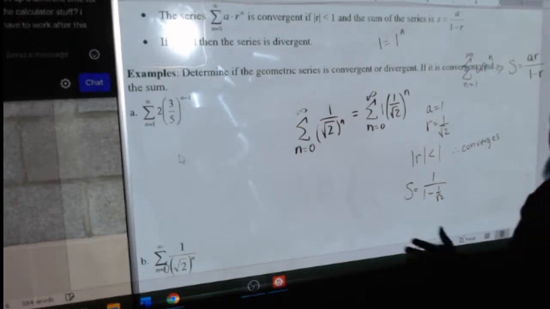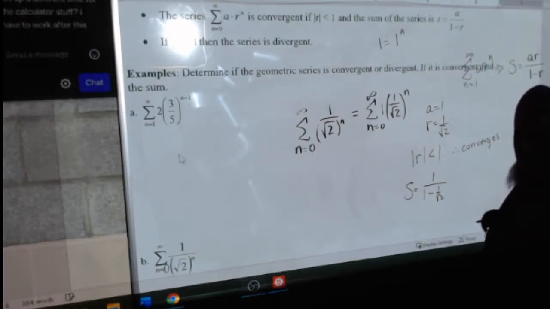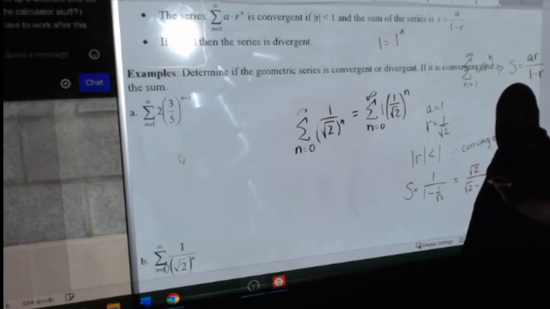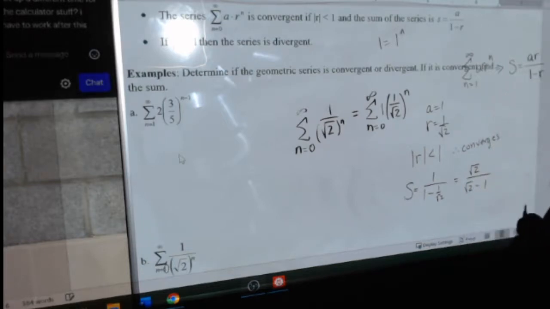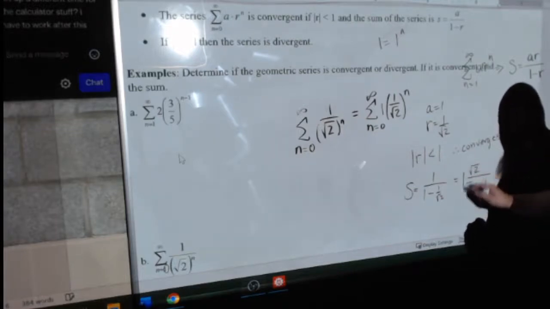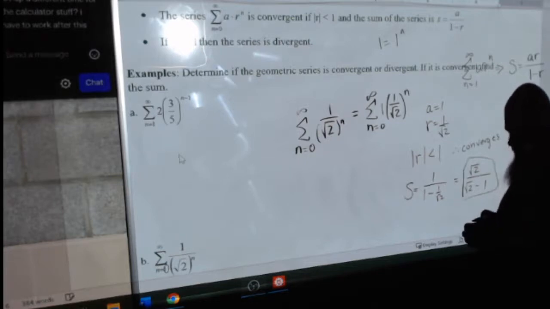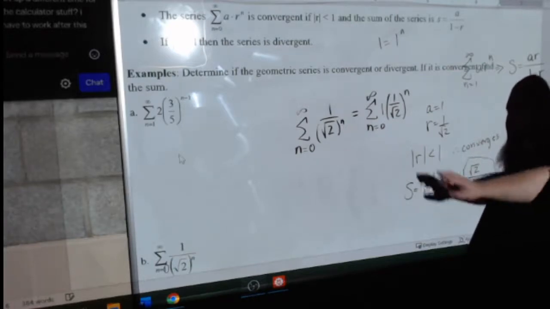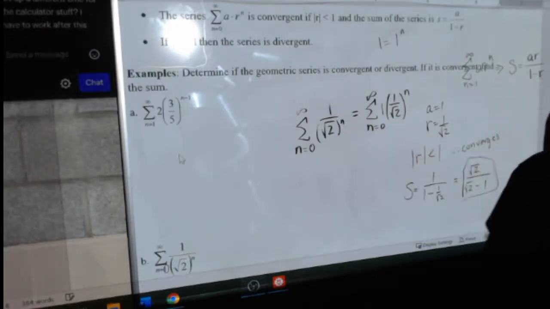If I multiply every single term there by root 2, it would become that. Either one's acceptable, this one's fine. All right, so we proved that this converges, and then we found its sum starting at 0.